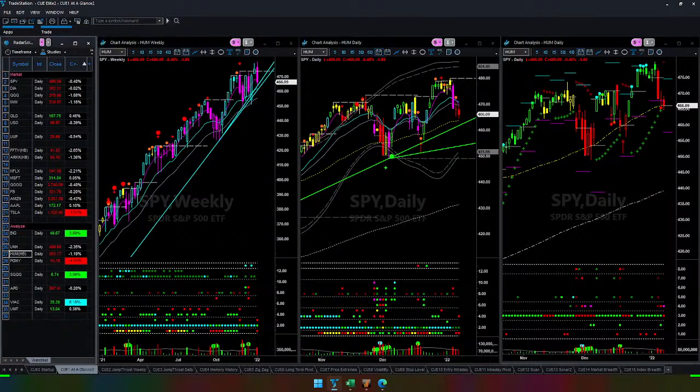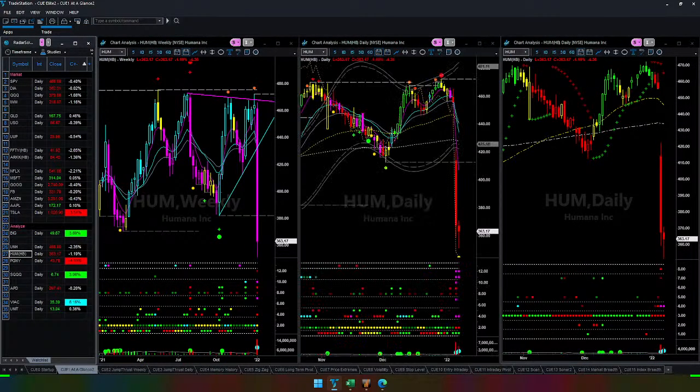In the same industry as UNH, I shared Humana, and these were shared in the previous roundup when I was looking for some trades, and I identified Humana, bearish headwind at watermark resistance, at weekly trendline resistance, and then I think it was coming below one trendline support on this candle.